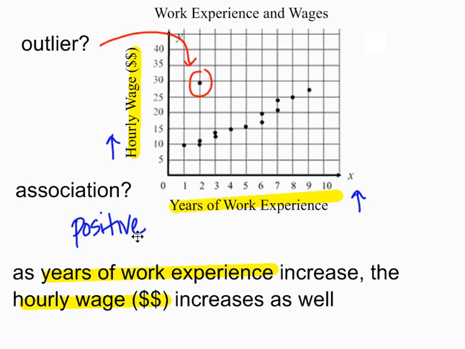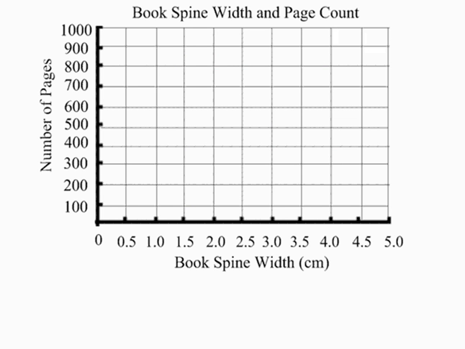Because that's a positive, we want to make sure that we are showing the same word describing each data set. So because they're both going the same direction, we're going to say they both increase. We could use rises, more, larger, but we want to see the exact same word because we're talking about a positive relationship. Let's take a look at one more and answer similar questions.